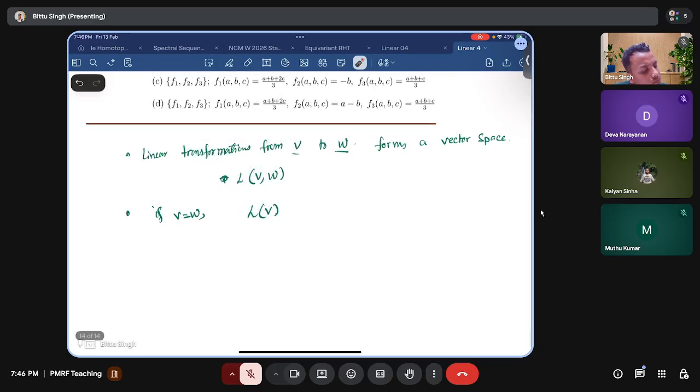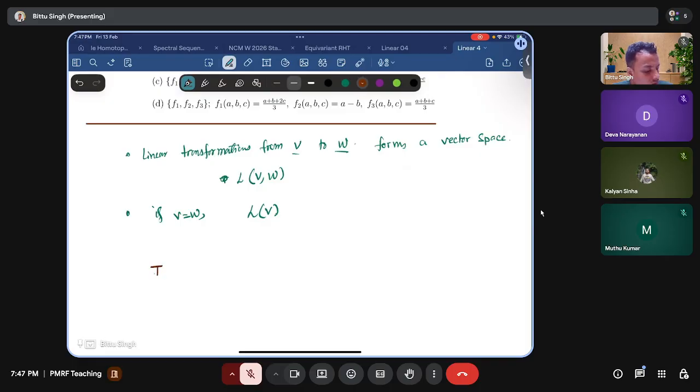And moreover, if T is a transformation whose matrix representation is M, and suppose S is another transformation whose matrix representation is N, then the composition T compose S has matrix representation N times M. So this is also important.